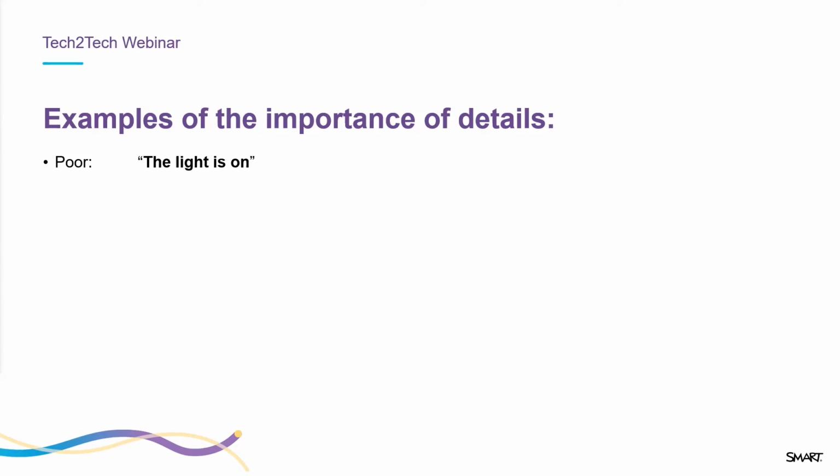The statement, the light is on, is not good information. It's information, but it's not great. The reason is smart products typically have more than one light. So which specific light? An improved statement would be the power light is on.